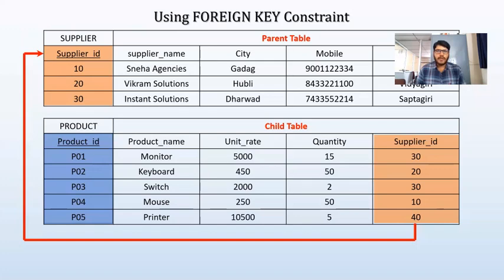Always, wherever we are going to declare a foreign key, that particular table becomes a child table. As you can see here, in the product table, I have declared supplier ID as a foreign key. So now I can say that the product table is a child table, because it has a foreign key within it.